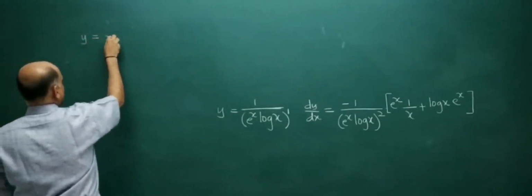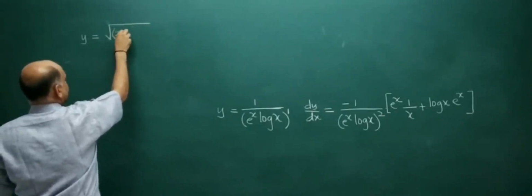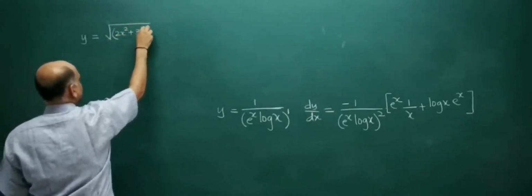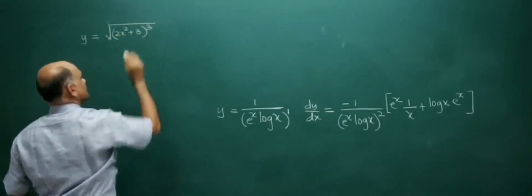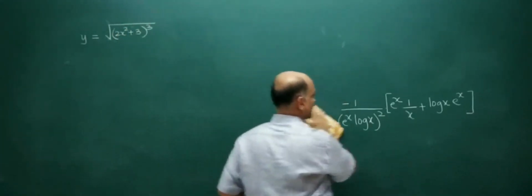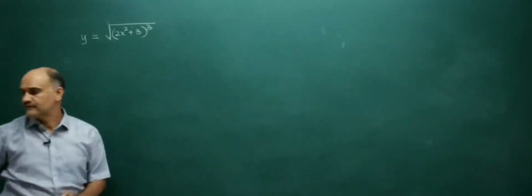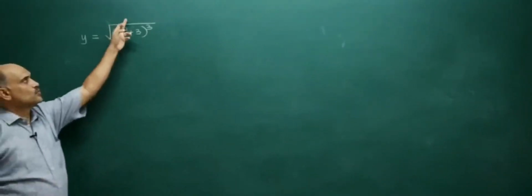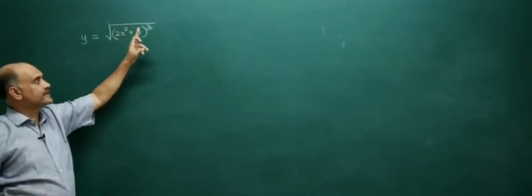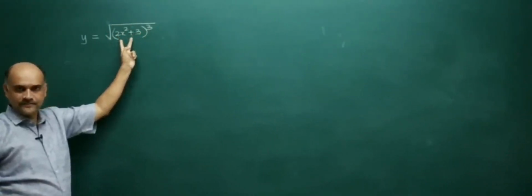y is equal to root of (2x square plus 3) bracket cube. So now if you see here, first you are required to differentiate the root, then differentiate the power, then the bracket.